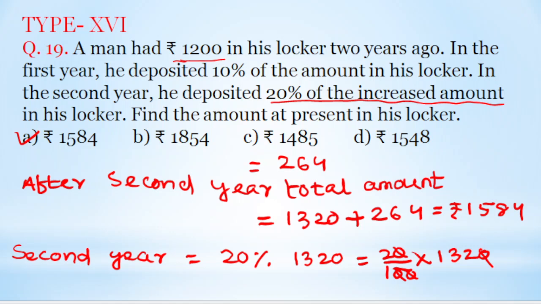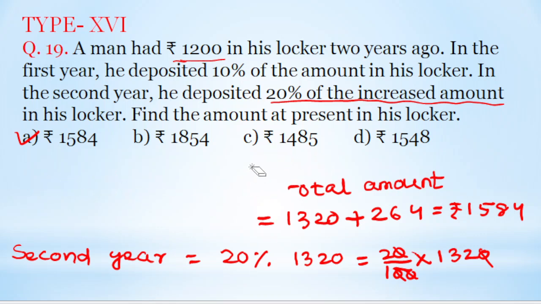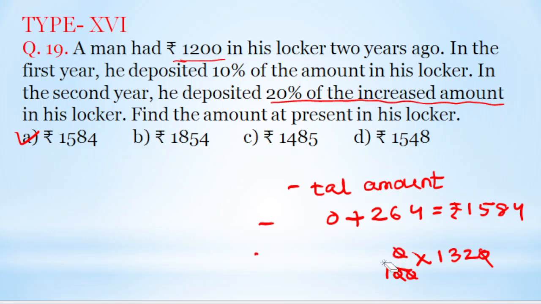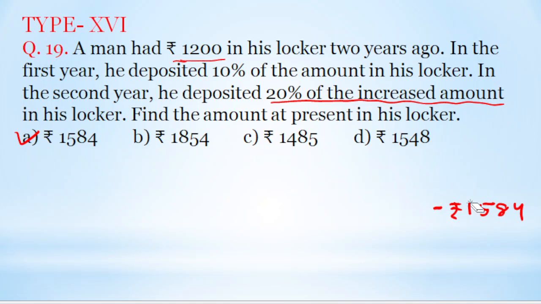Now this question can be solved by using a formula also. Then what is that formula? Initially the man had rupees 1200.